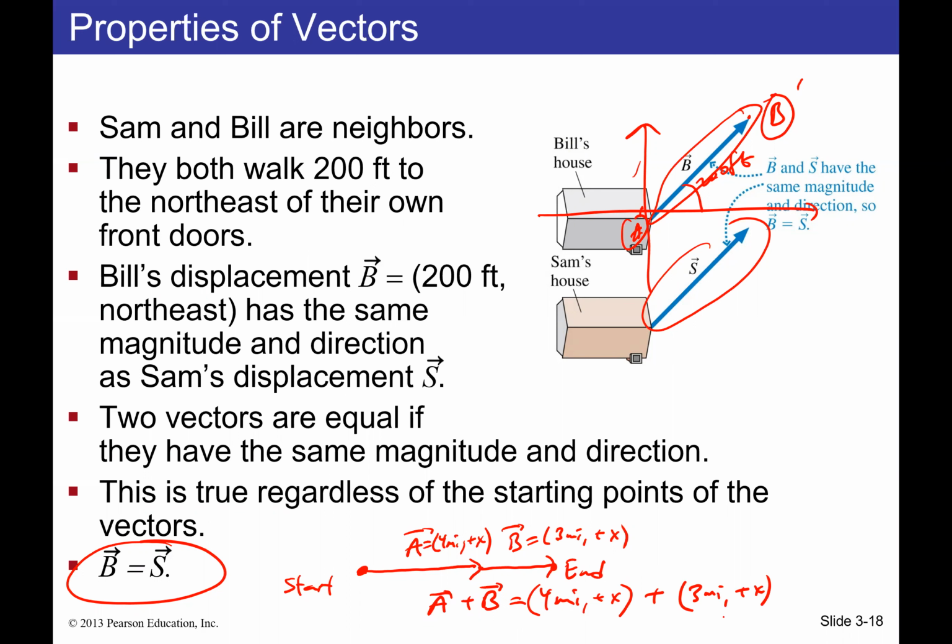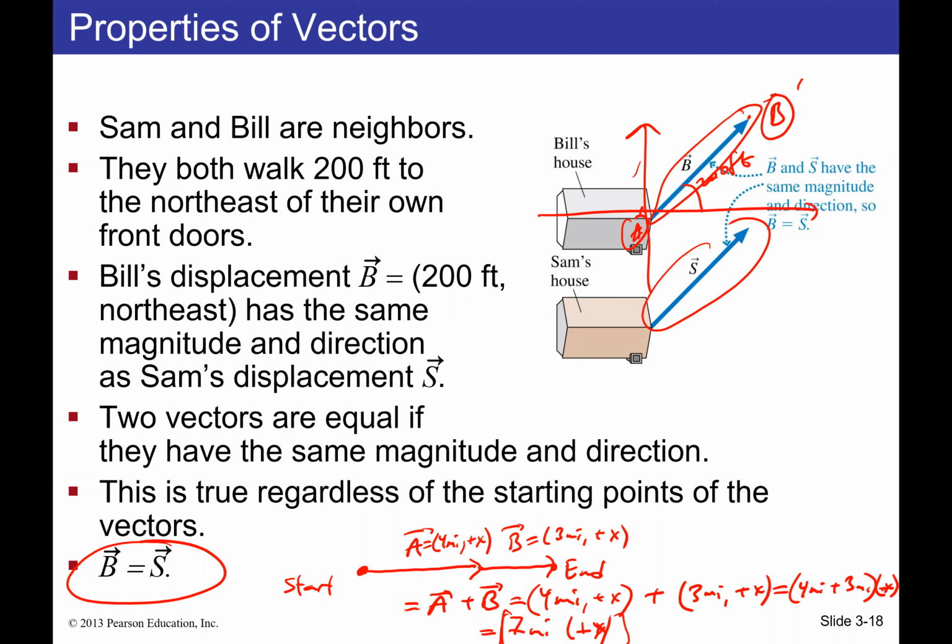Since the directions match, I can just say this is 4 miles plus 3 miles in a positive x direction. The vector sum is 7 miles in a positive x direction. So the magnitude is 7 miles and plus x is the direction.